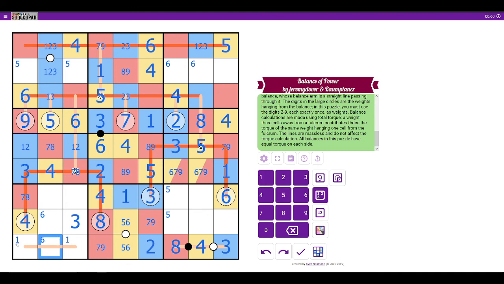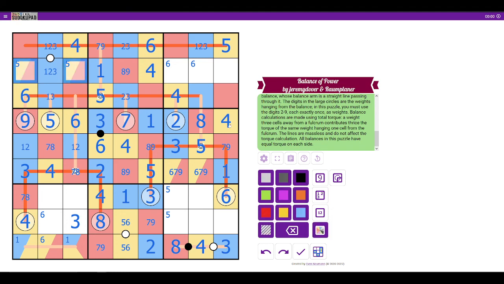That can't be the 1. Which means one of those are blue. That can't be a red. So one of those is a red. One of those is the yellow. This has to be red, yellow. Sweet.